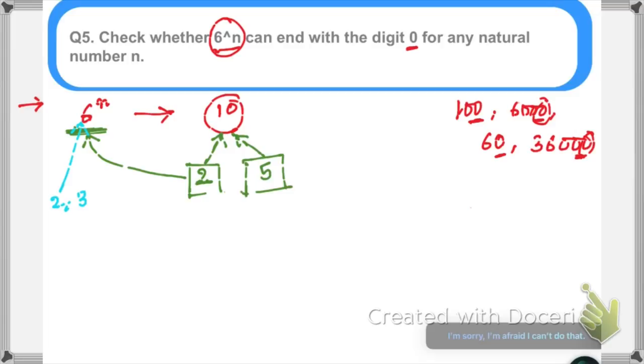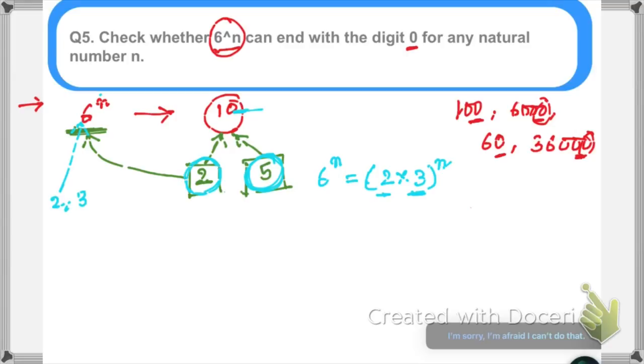So this is not possible, because therefore it can be written as 6 to the power n is equals to 2 into 3 to the power n. So here it's 3, but we needed it to be 5. For the number to end with digit 0, we want the factors to be 2 and 5, but here the factors are 2 and 3.